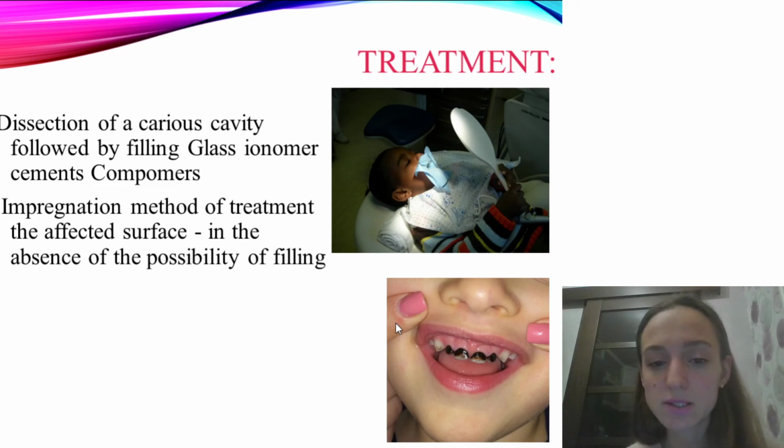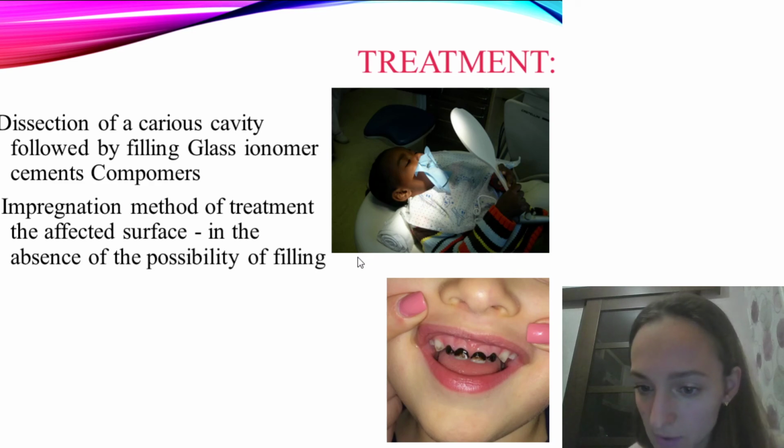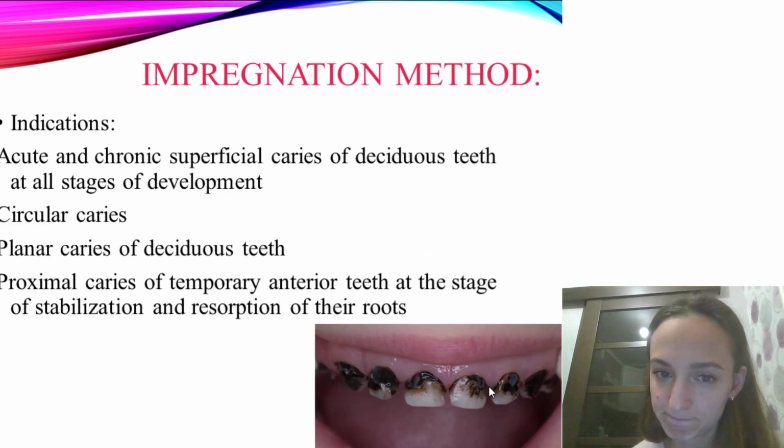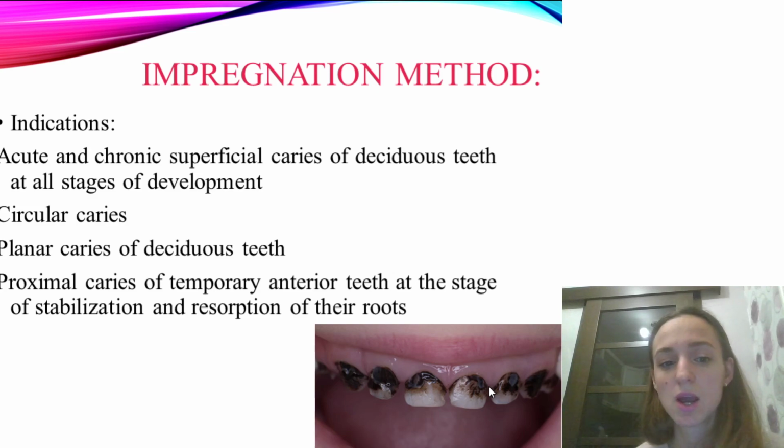Then impregnation method of treatment: the affected surface in the absence of the possibility of filling and isolation from saliva. It is a clinical case after impregnation of silver. Impregnation method. Indications I tell you: acute, chronic or superficial caries, circular caries, and proximal, and clinical picture.